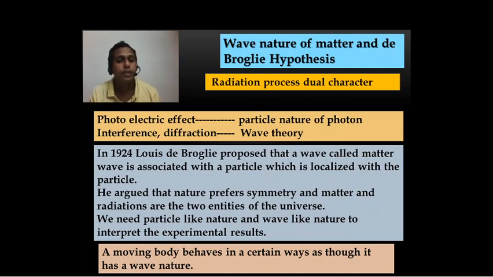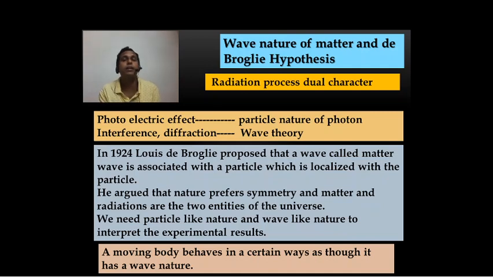Okay, see, before the observation of the photoelectric effect and the Compton effect, the concept about light was nothing other than wave, because it supports interference and diffraction, those types of phenomena.